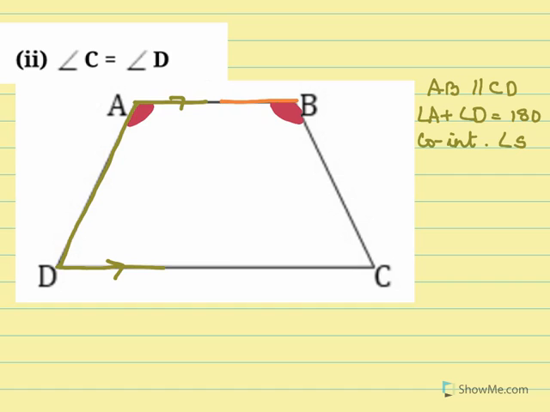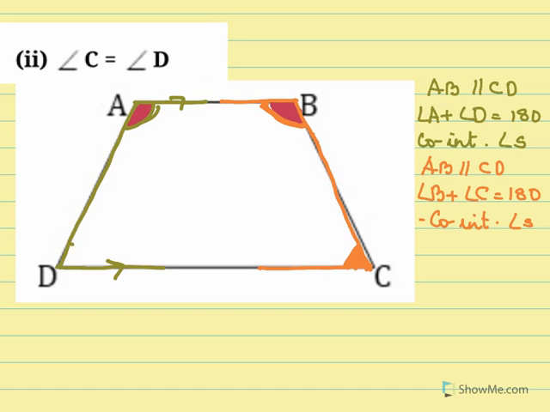Again AB parallel to DC, and I have my U here. So I can write C and B are co-interior angles. So I have AB again parallel to CD. So angle B plus angle C is 180, and the reason, co-interior angles.